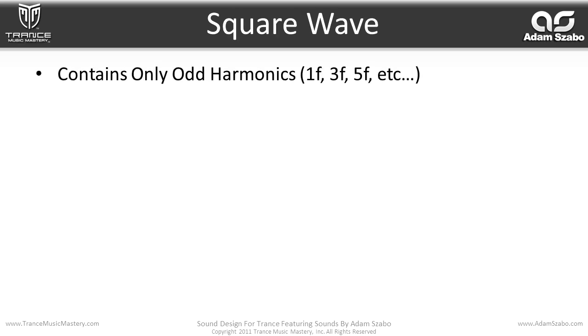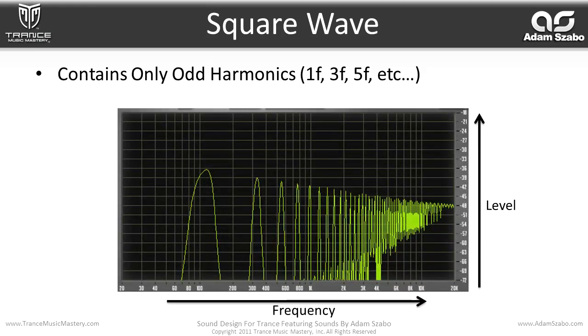This contains only the odd harmonics. So the fundamental, the third harmonic, the fifth harmonic, etc. If we look, we see the fundamental. If we went up to twice the fundamental, we should see something at 220, but we don't. It's missing. Then we go up to 3 times the fundamental. We end up at 330, so we see the presence of a sine wave there.